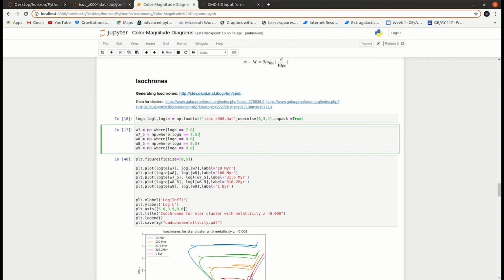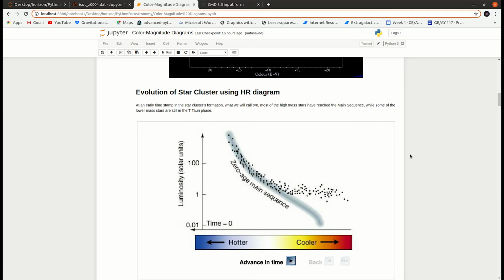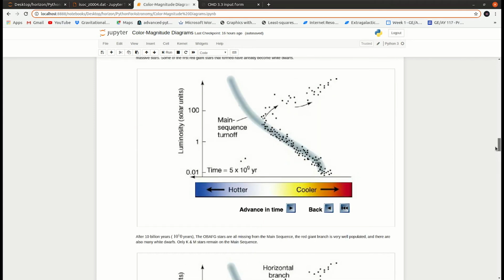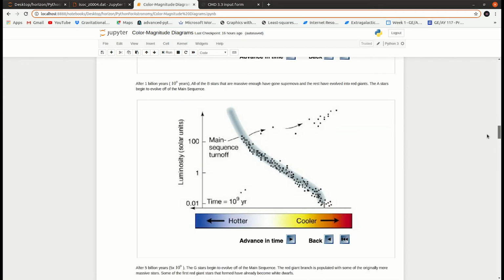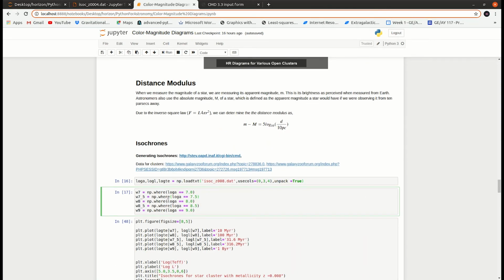So this isochrone was generated throughout the evolution of the stellar cluster. If you remember, the star cluster evolved from something like this to something like this. So each of these snapshots, at each age or at each epoch, is an isochrone, right? So I can plot all the isochrones for different ages and see how that looks.